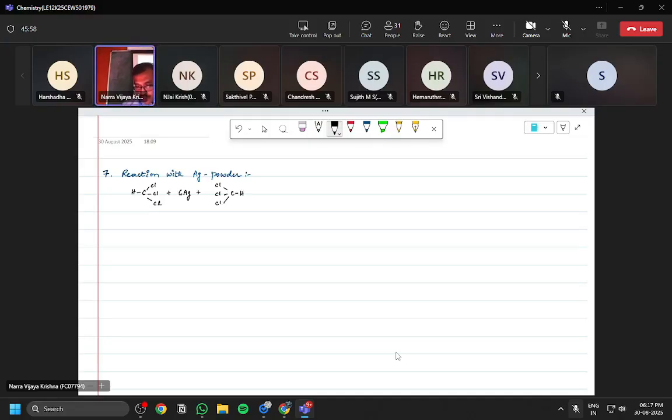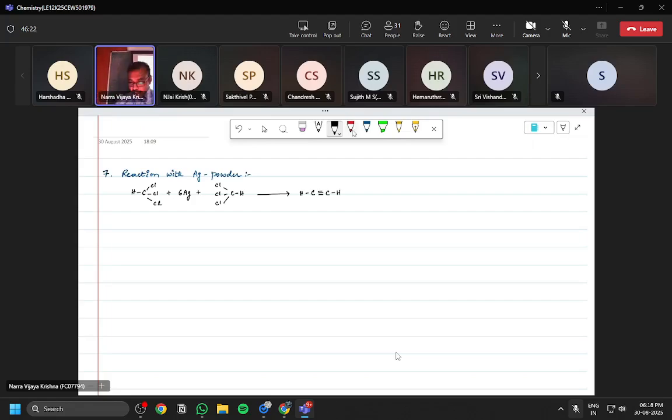I am taking 6 moles. Right? Chloroform and silver. So totally 6 moles of AgCl will be lost. If 6 moles of AgCl is lost, there will be triple bond formation between carbon and carbon. So it leads to formation of HC triple bond CH, acetylene.